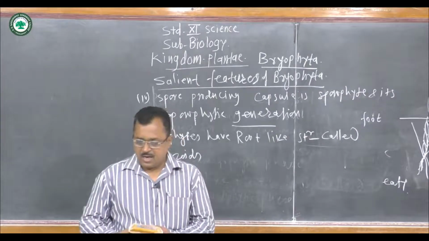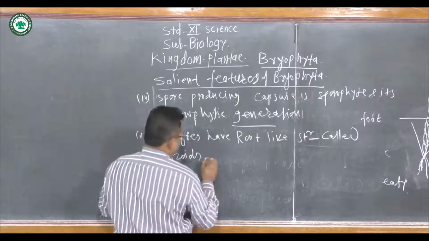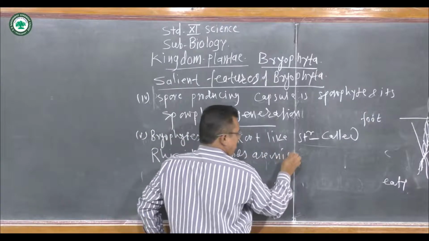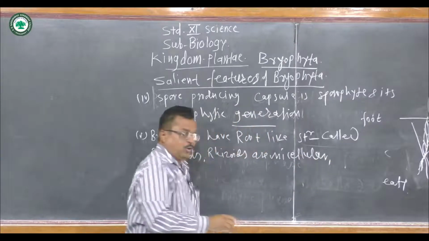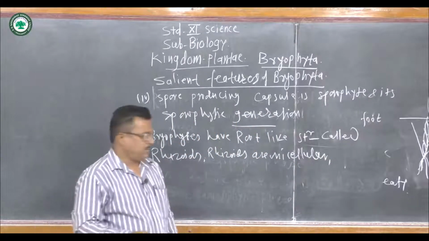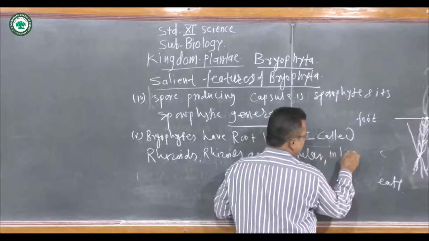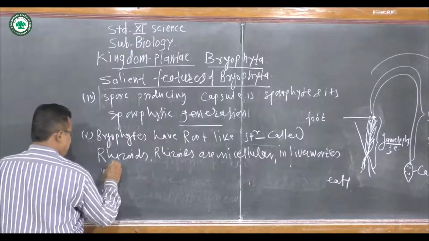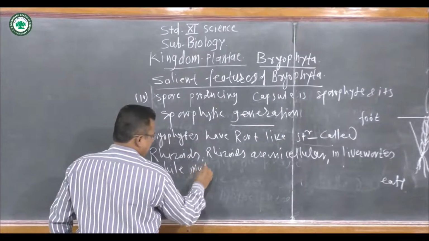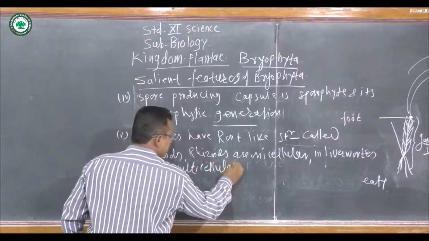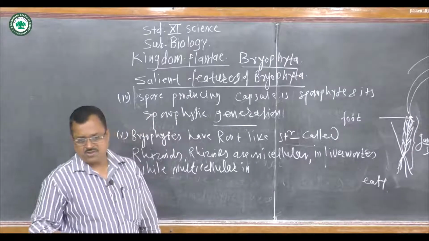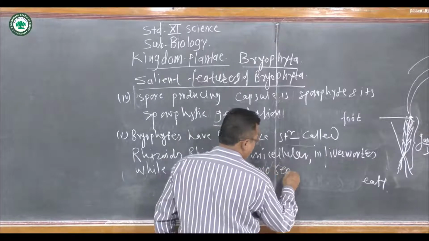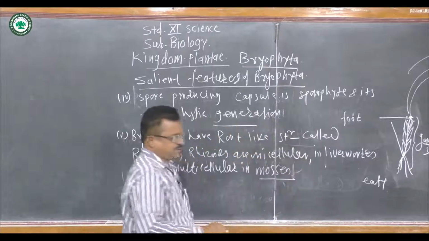The rhizoids are unicellular in liverworts, while multicellular in mosses.